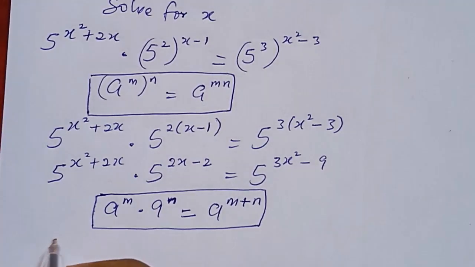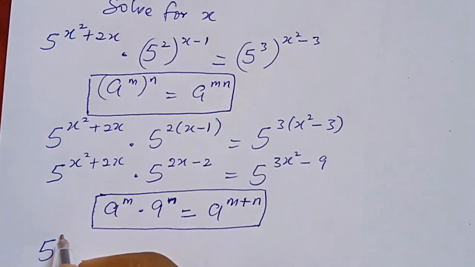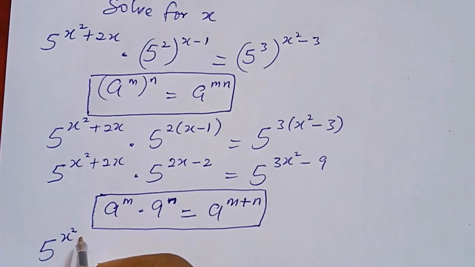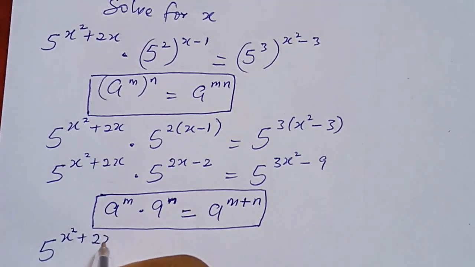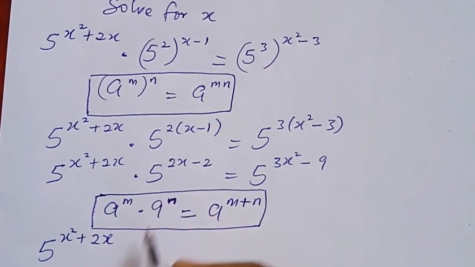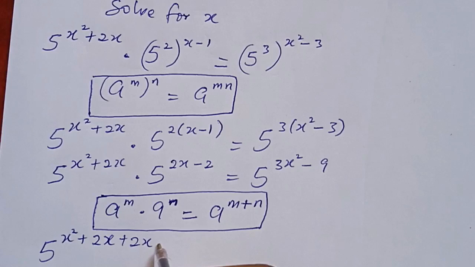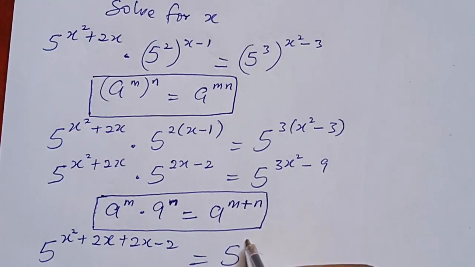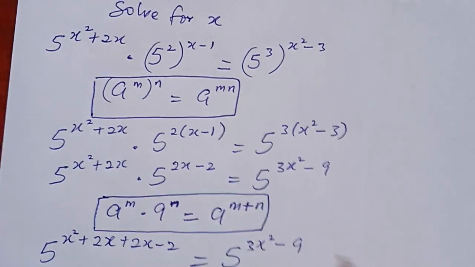So that becomes 5 raised to power x raised to power 2 plus 2x plus 2x minus 2 equals to 5 raised to power 3x power 2 minus 9.